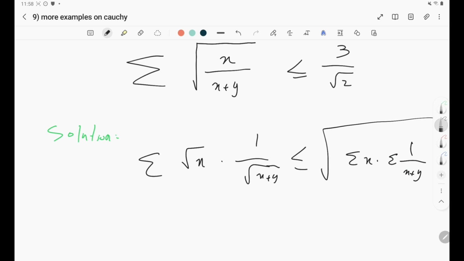But now actually you will see that this thing will not work, because you cannot really bound this from above, like sigma x times sigma 1 over x plus y.